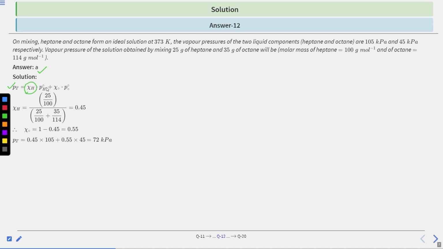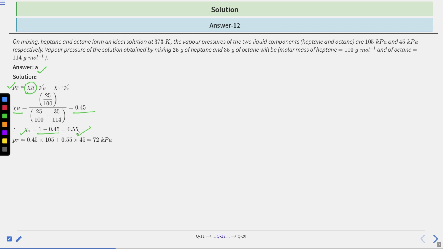For that, we put the number of moles of heptane divided by the total moles in the solution, and the mole fraction comes out as 0.45. So the mole fraction of octane will be 1 minus 0.45, because the sum of mole fractions of the solution, that is solute plus solvent, will be 1. So 1 minus 0.45 is the mole fraction of octane, which is 0.55.